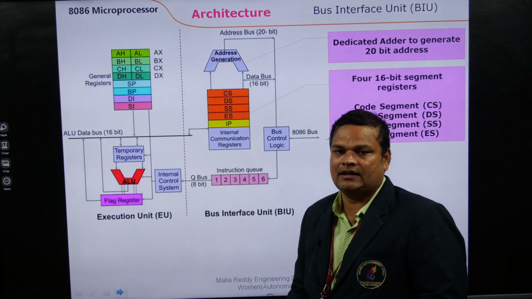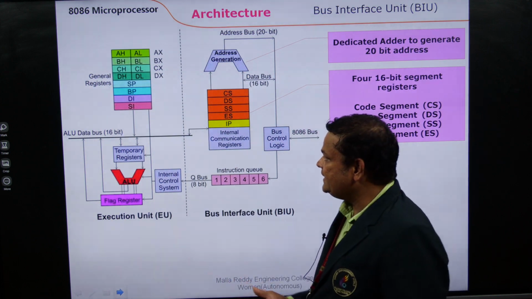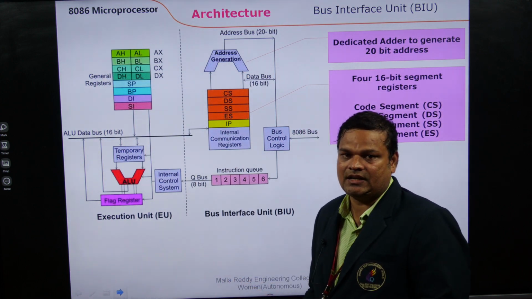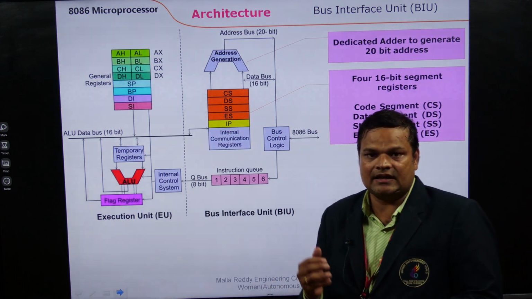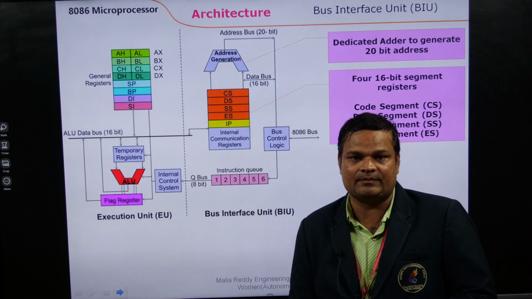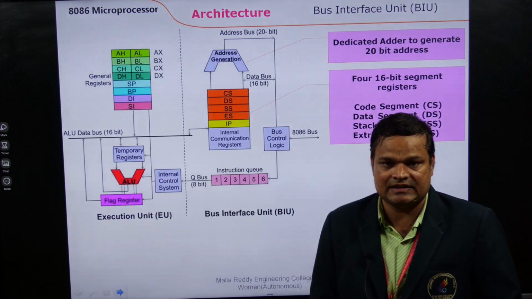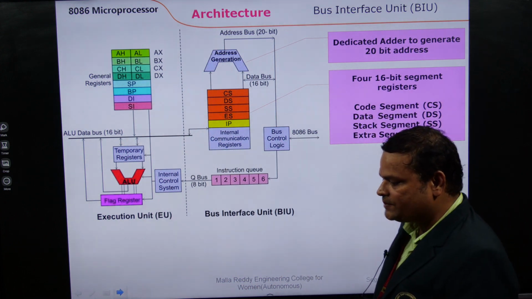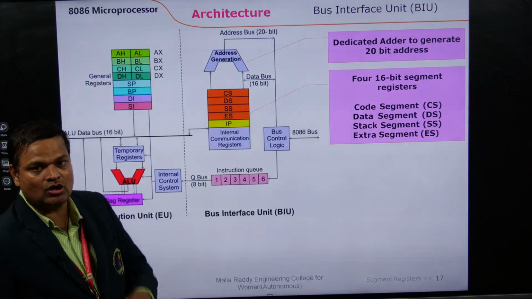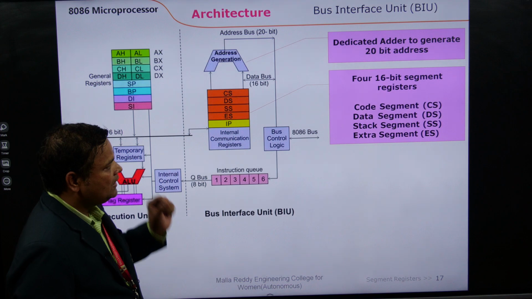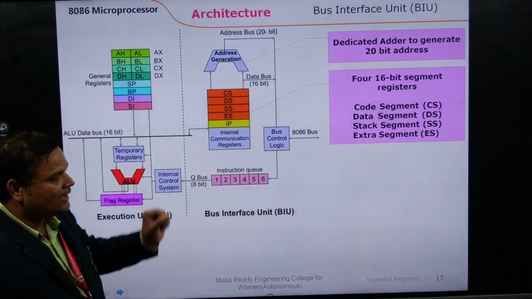Compared to other microprocessors, the 8086 adopts the segmentation architecture concept, where the available memory is divided into 16 segments, each of 64 kilobytes. Whenever a program comes for execution, the processor allocates 4 segments: the code segment, data segment, stack segment and the extra segment.